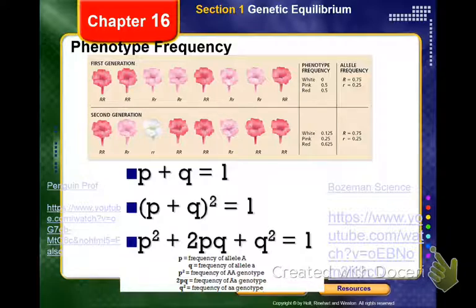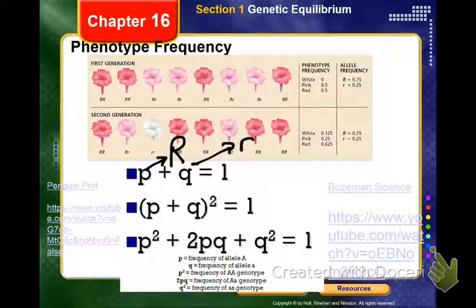All right. So in the Hardy-Weinberg equation, we have to wrap our heads around the fact that the value for P is going to represent our dominant trait. So I'm going to use the R's here. P is going to represent the R trait, and Q is going to represent the little r trait.